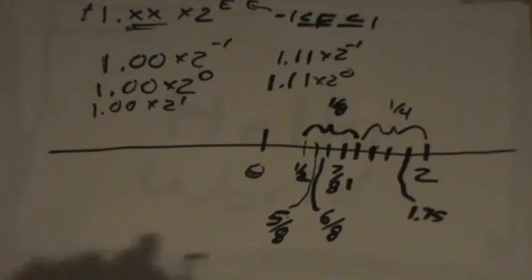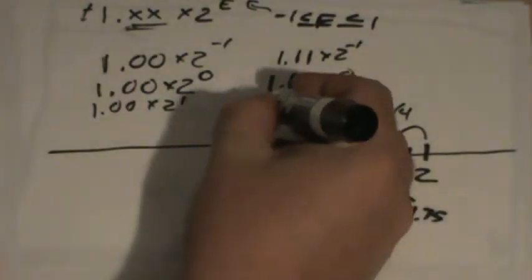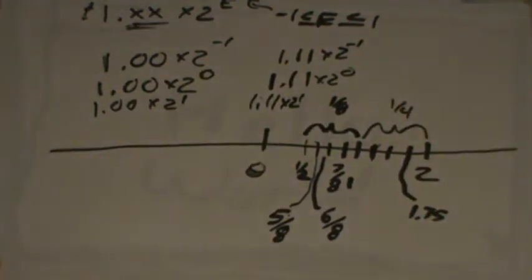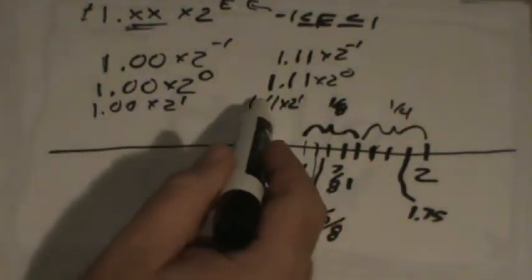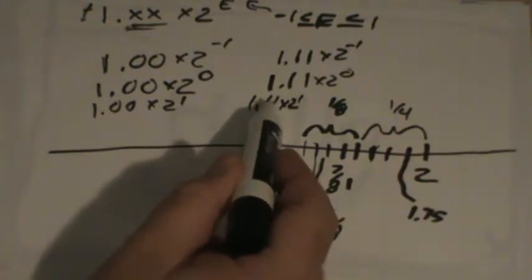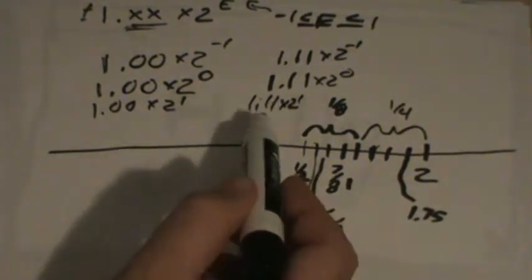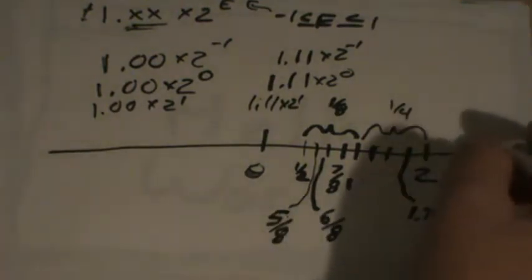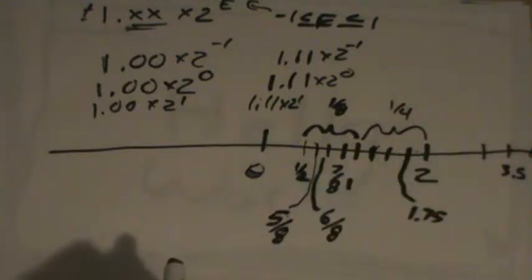Well, let's find out. Our biggest number will be 1.11 times 2 to the first. Right? So that really means I've got 7, and I've got a quarter times 2 halves. So that's 7 halves. That's 3.5. So 2, 3, 4, 3.5 is right there.